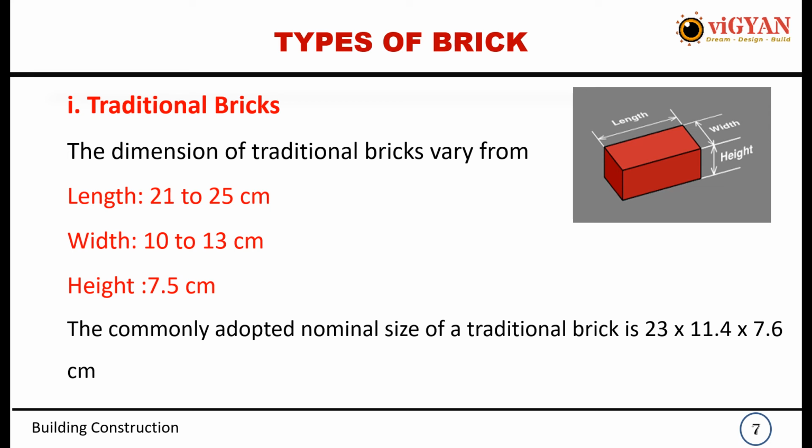Hence, it creates a problem for estimation. To resolve this issue, IS or Indian Standard Institution came up with a specific size of brick which is known as modular brick. The commonly adopted nominal size of traditional brick is 23 centimeter by 11.4 centimeter by 7.6 centimeter. But this is just an indication. It may vary to any size depending upon the region where it is used.